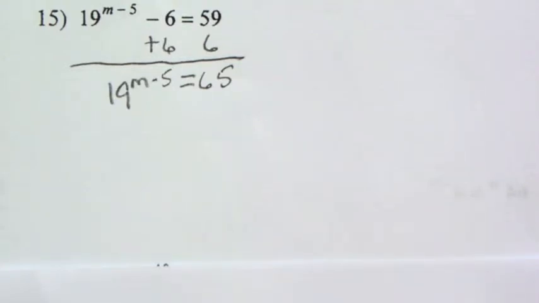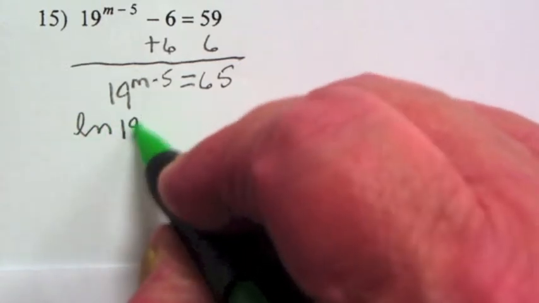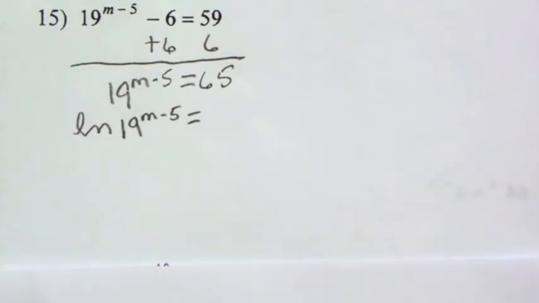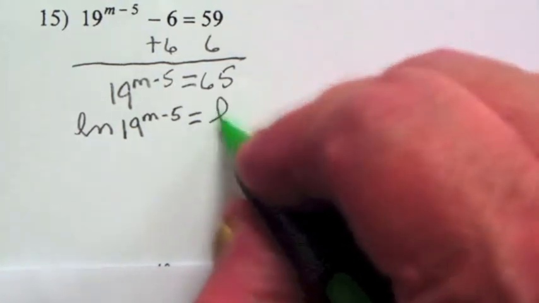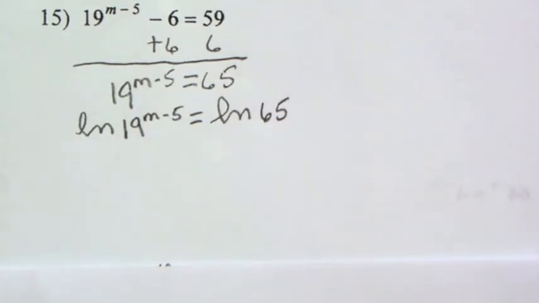As long as I do it to everything in the equation, I'm all right. So I'm going to say ln of 19 to the m minus 5 equals ln of 65. Okay, so I just took the log of both sides. And as long as I do it to everything, I can do that.